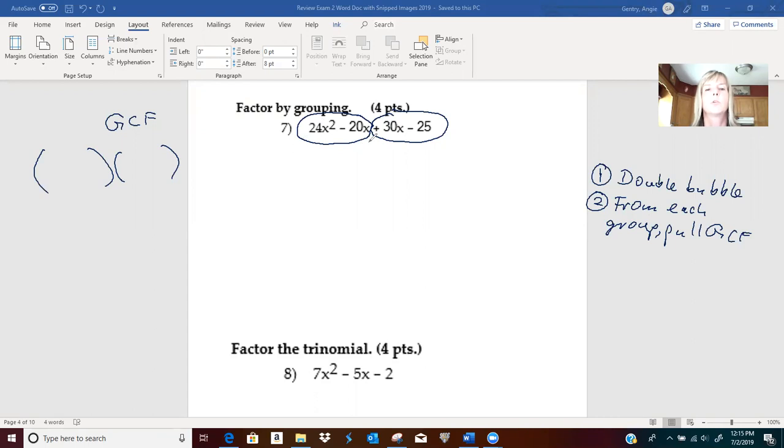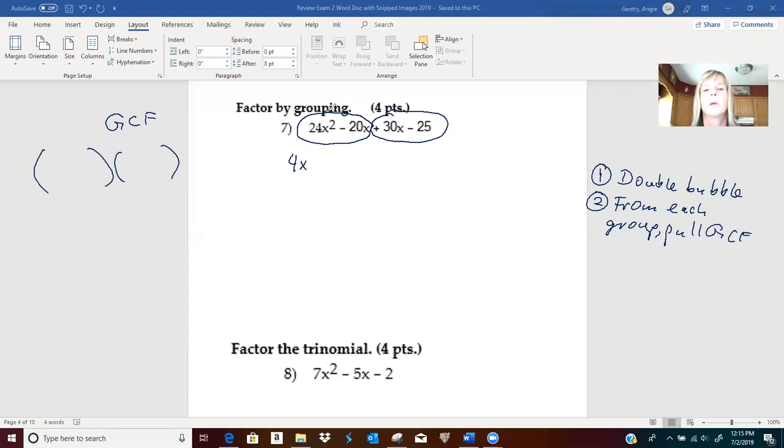So in the first group, do you see how they have something in common? Yes, they have a 2, but well, hang on a minute. There's a 2 in all of them. Is there more? There's a 4, right? So you've got to be careful. And I'm on the spot here, so my basic math, that's where I mess up. 4 is in both 24 and 20, and there's also an x inside both of those.